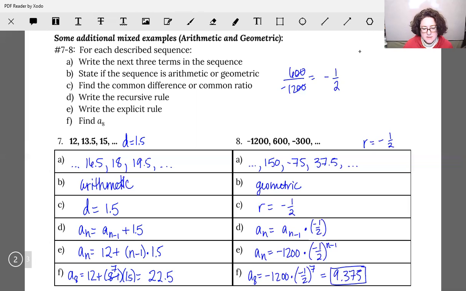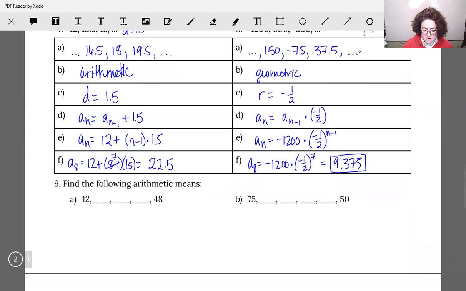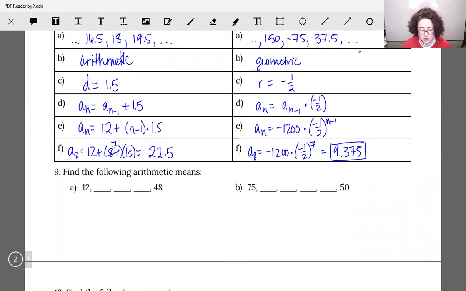Alrighty, next examples, find the arithmetic means. So again, find your missing terms. Check your number of steps. So 1, 2, 3, 4 steps. And I know this is arithmetic, so I'm just dividing up those differences to see how much I'd use at each step.